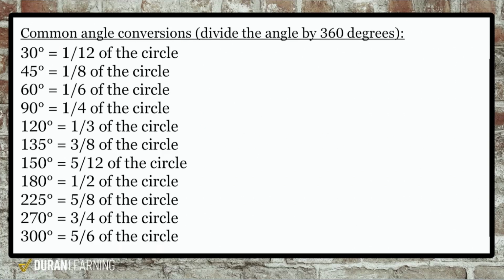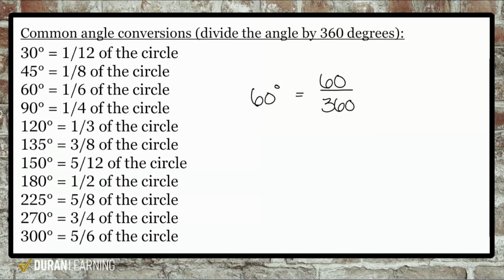I got you. You can use these in your notes, but remember everybody, when in doubt, if you might have forgotten any of these, especially on the test, if you're not allowed to use a formula sheet, they could say, hey, here's 60 degrees. All you got to do is take the 60 over 360 because you want to see the degree measurement out of the whole circle.